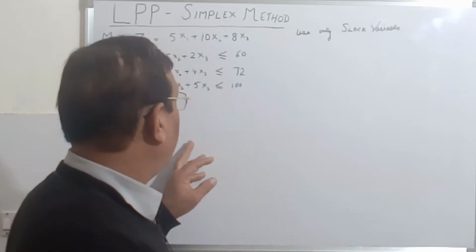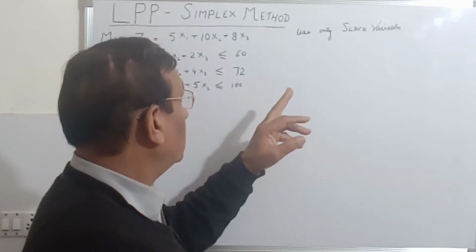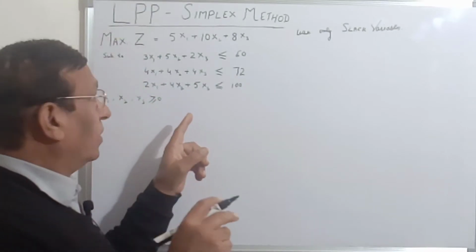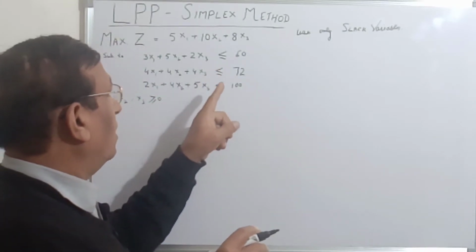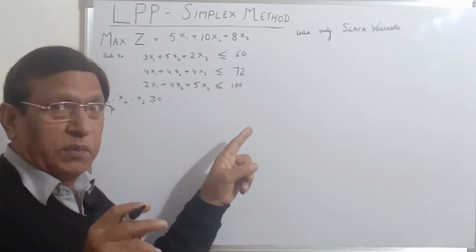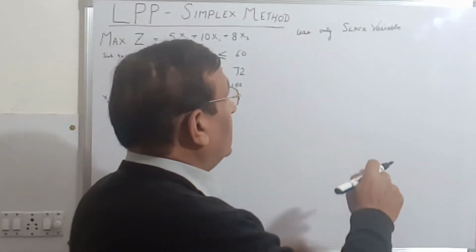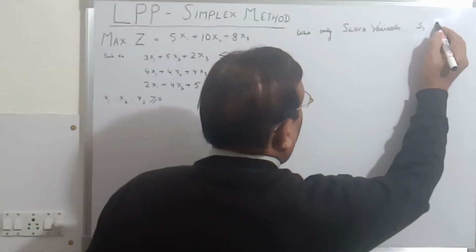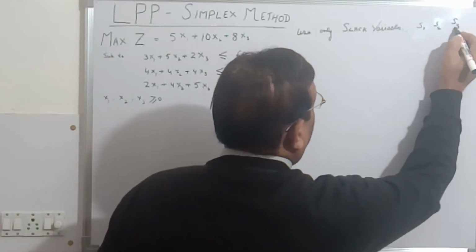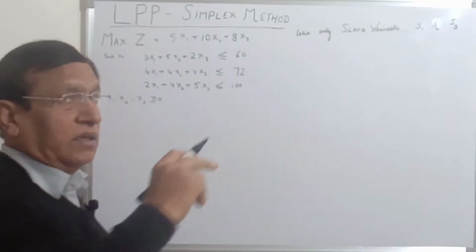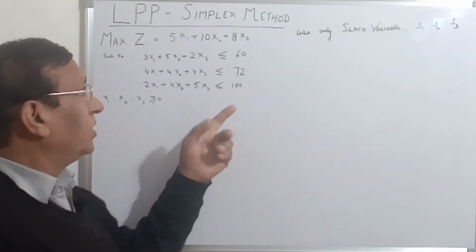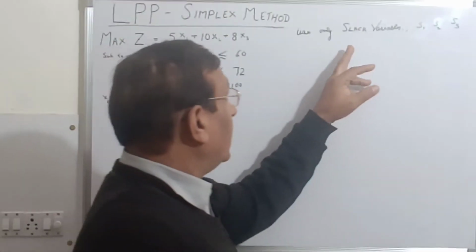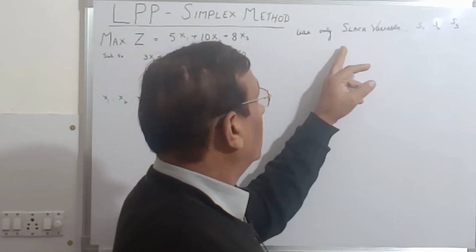But where is each to be used? Which variable is to be used where? That is very important. When the equations are less than or equal to type, I am repeating, then we use only slack variables. And these slack variables are, say, S1, S2, S3. 3 equations, 3 variables. 2 equations, 2 variables. 4 equations, 4 variables. Slack variables are used.